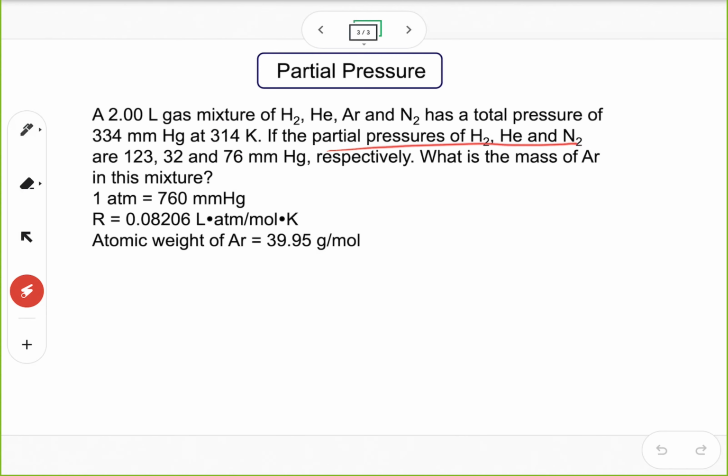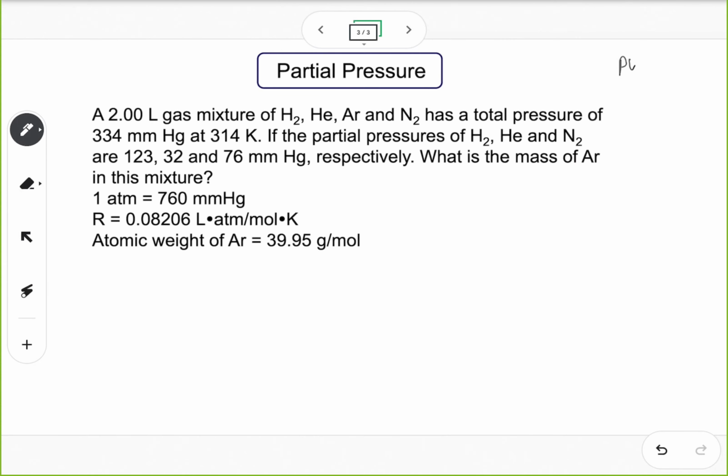If the partial pressures of the 3 gas components individually are given here, what is the mass of the argon in this mixture? Well, when you look at this problem, if you want to calculate the mass of the argon, where should we start?